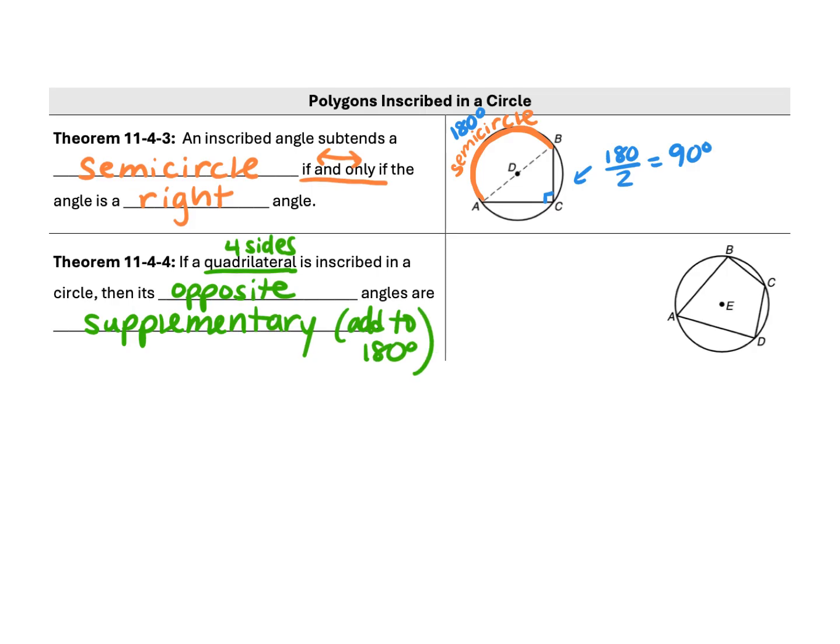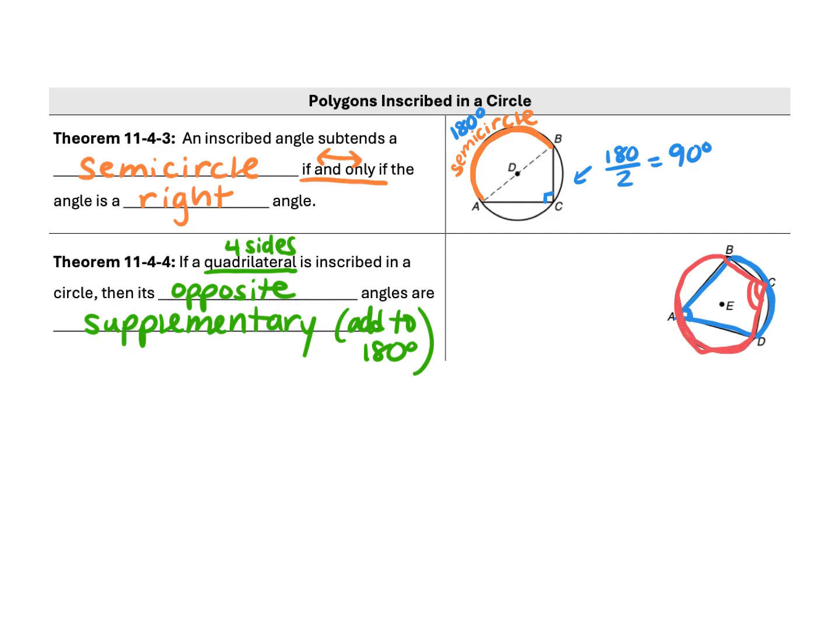Suppose in this picture, we look at angle A right here and angle C right there. Notice that angle A creates this arc right here, arc BD. Similarly, angle BCD creates this arc.